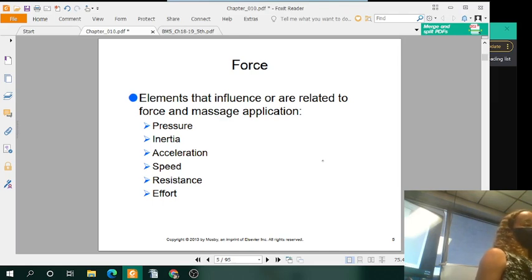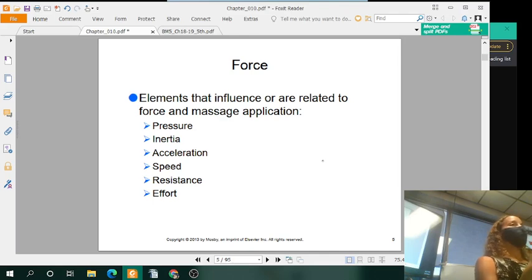Okay? So when we're working on athletes, for example, they're going to normally have denser tissue. So they're going to provide more resistance to our force. So you're probably going to put in greater amount of effort to create the same amount of change in their tissue than someone who has a lot of adipose tissue or who is not that active.